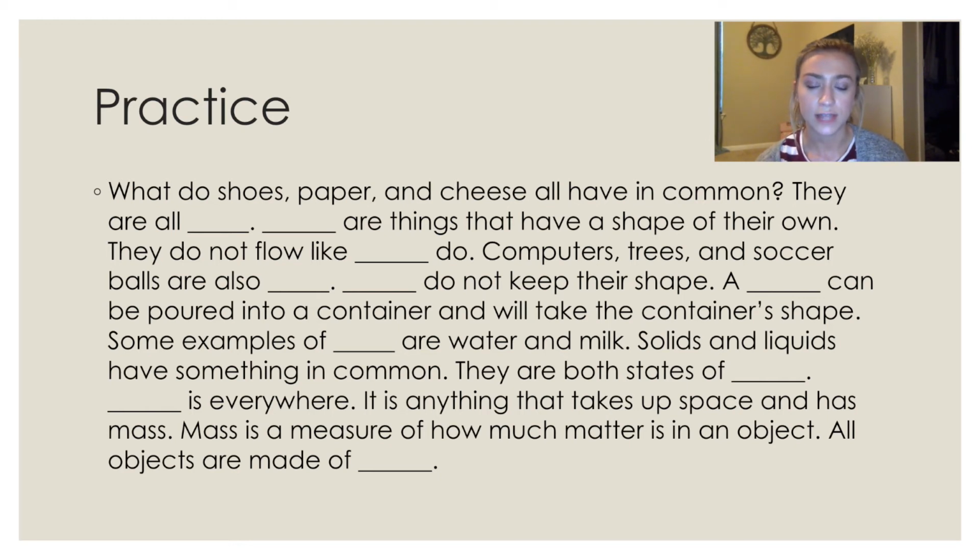So the student reads that and they're like, oh, I think that's solids. So they would fill that in. They do not flow like blank do. Well, what flows? Liquids. Computers, trees, and soccer balls are also, well, they're solids. So the student would keep going throughout this entire passage and continue to fill in the correct words within it.